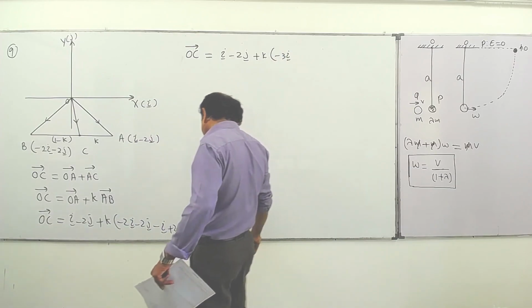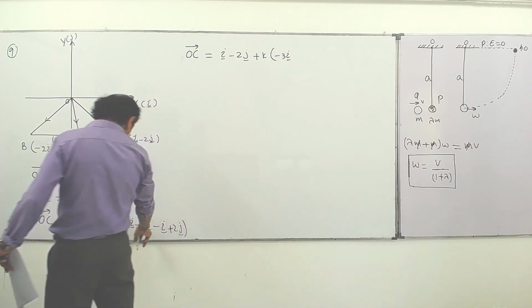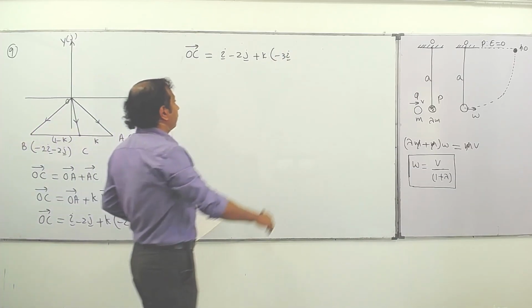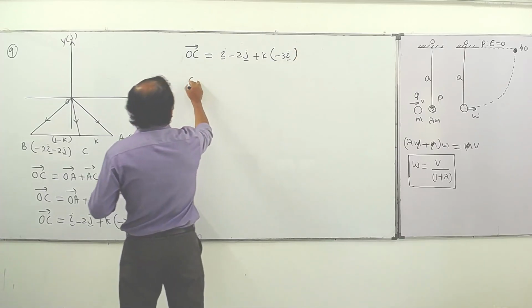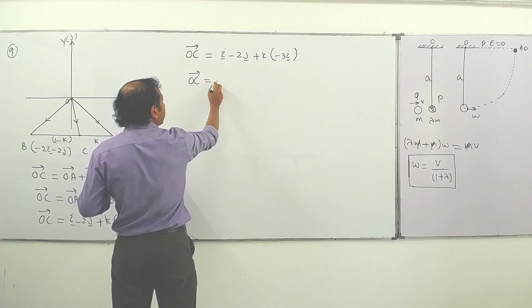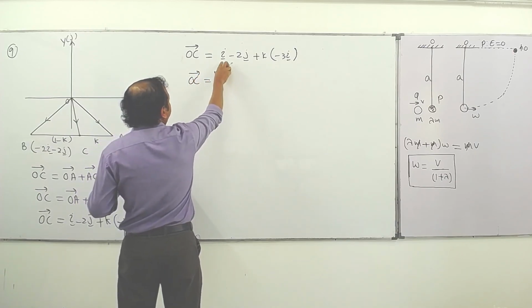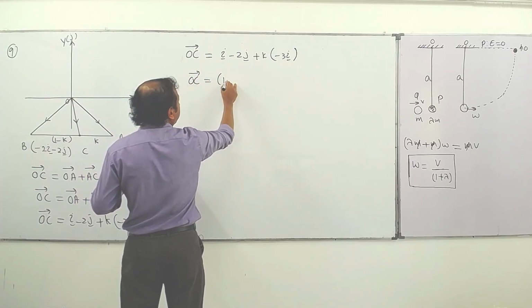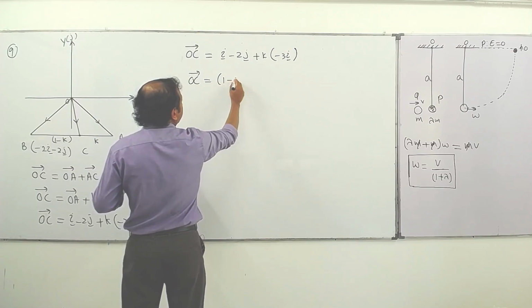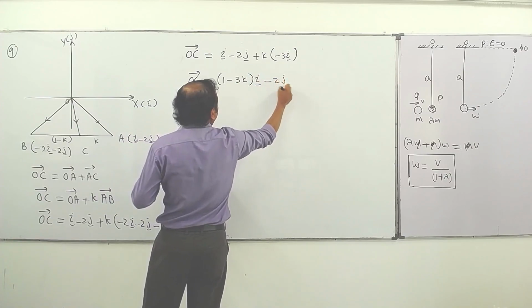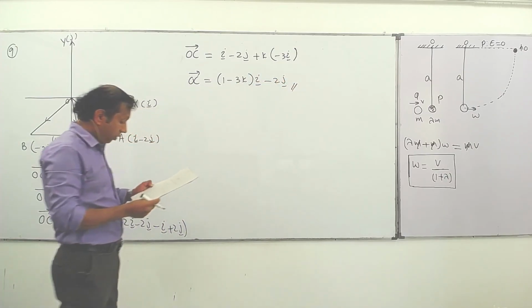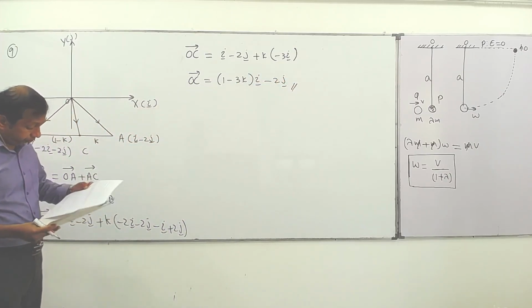Minus 2j plus 2j we can cancel down. Then we can write the OC vector, taking these items together, we have (1 minus 3k) i minus 2j. This is the OC vector, the first answer, no?